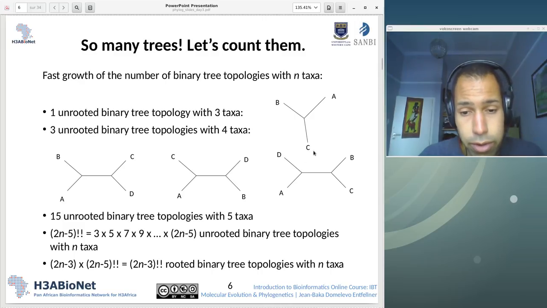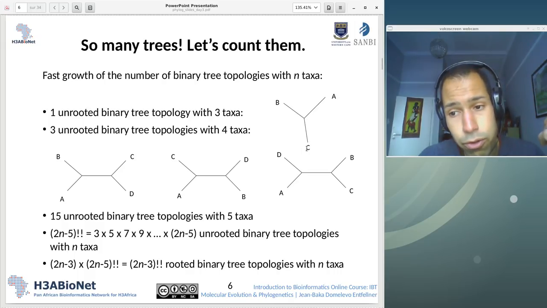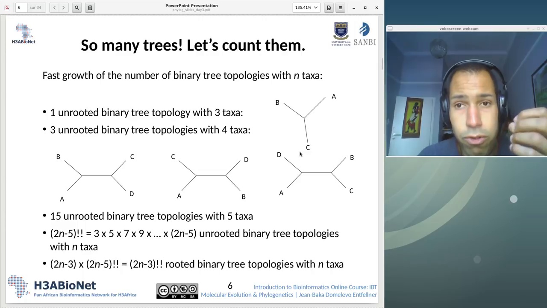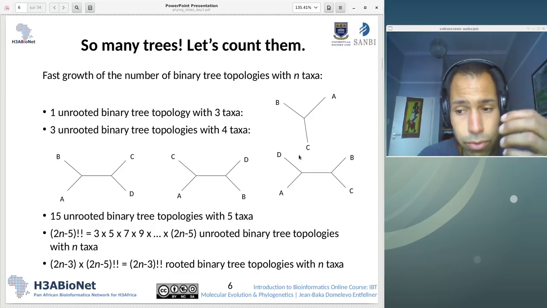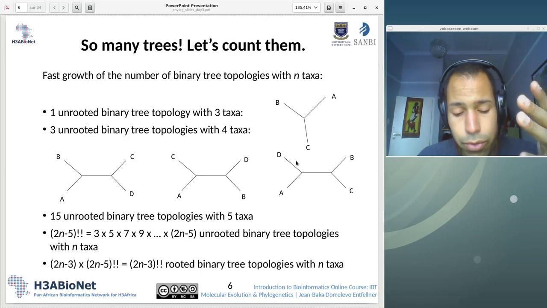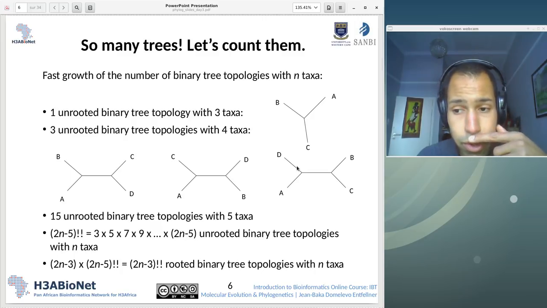Of course, there is an infinity of different binary tree topologies with 3 taxa, or binary trees with 3 taxa, if you take into account the branch length, because the branch lengths, in essence, are continuous values, or variables taking their values in a continuous set, the set of all positive real numbers.